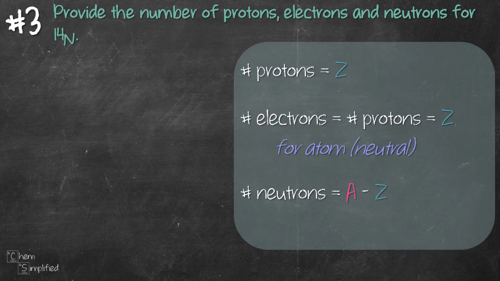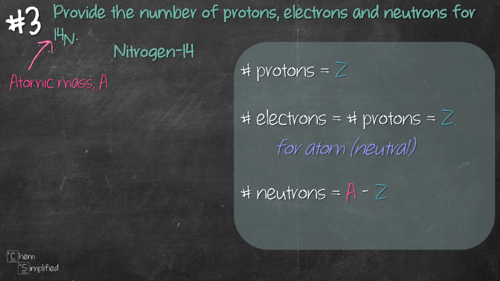Moving on to our third and final example, 14N. That 14 on the top left of nitrogen is the atomic mass of nitrogen. In other words, we need to find the information for nitrogen-14. Similar to the previous example, since the atomic mass of the isotope is already given, that's what we're going to use as our atomic mass.